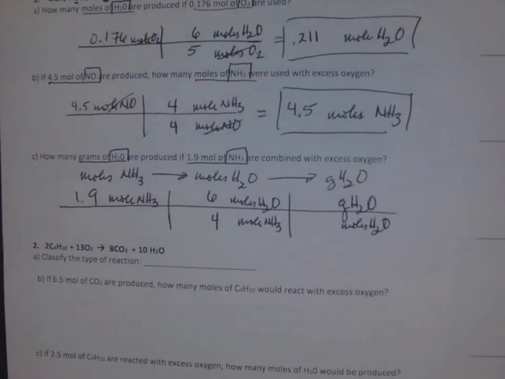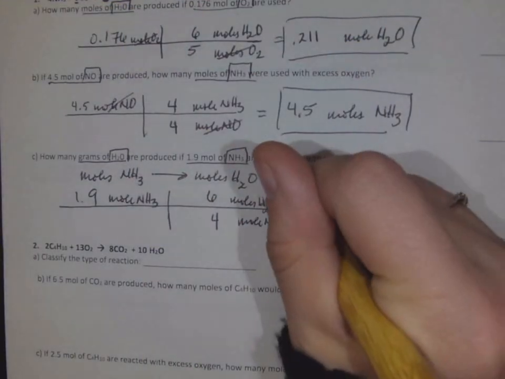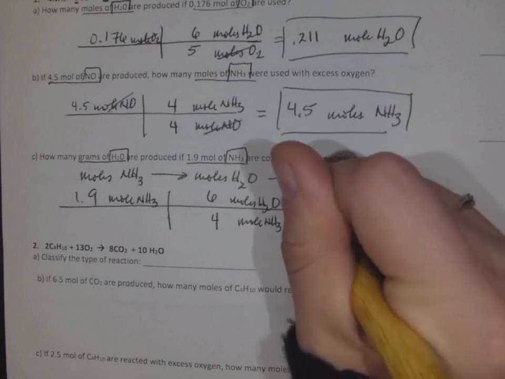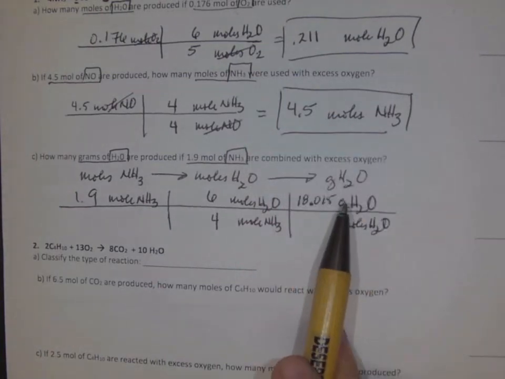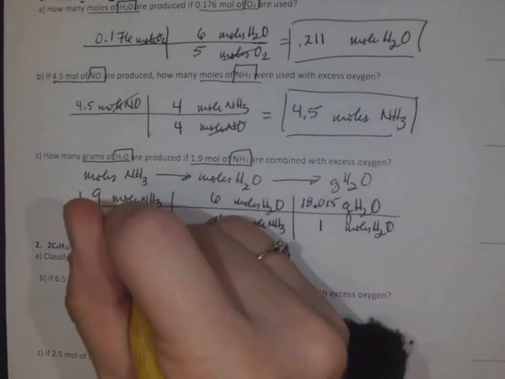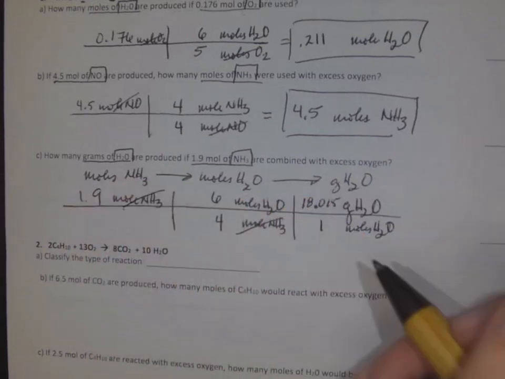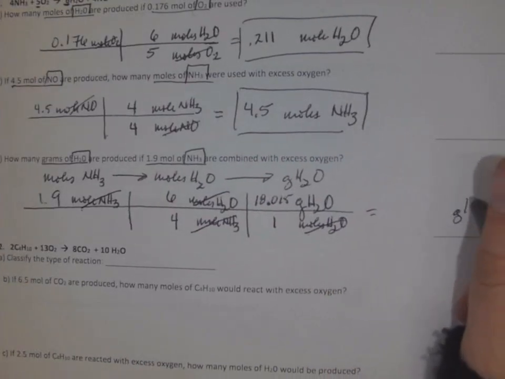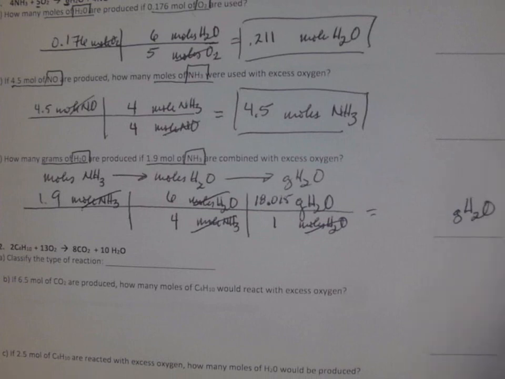And if we add all that together, we get 18.015 grams. I put that with the grams in 1 mole. So moles of NH3 cancels. Moles of H2O cancels. And we're going to be left with grams of H2O.